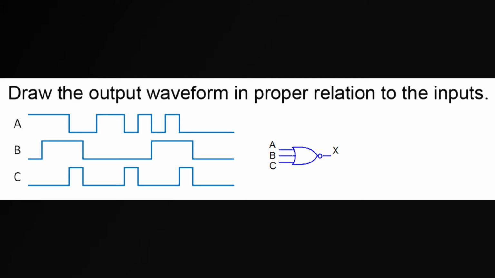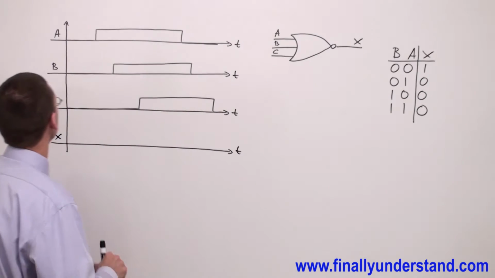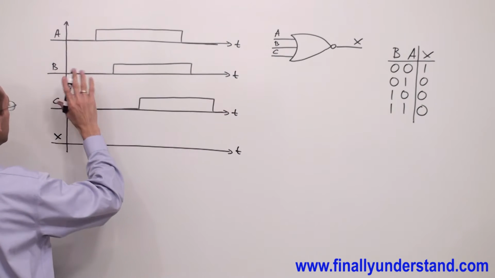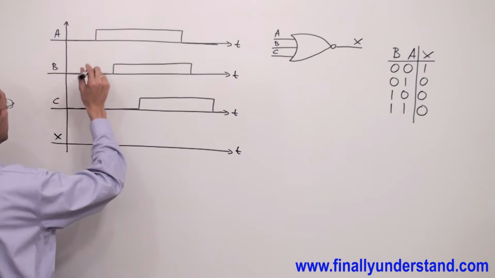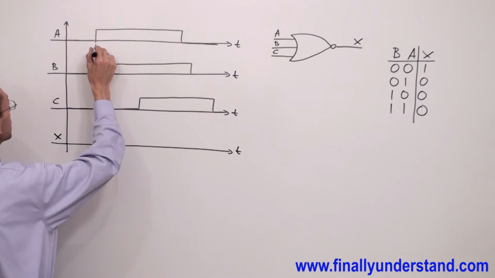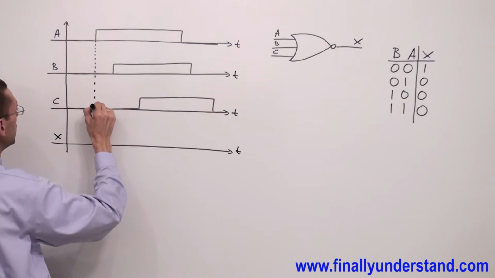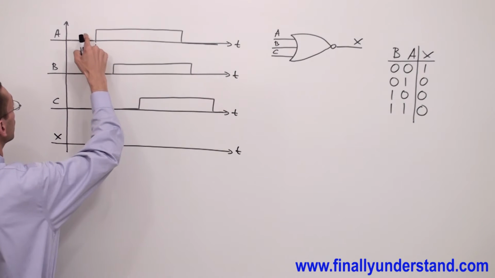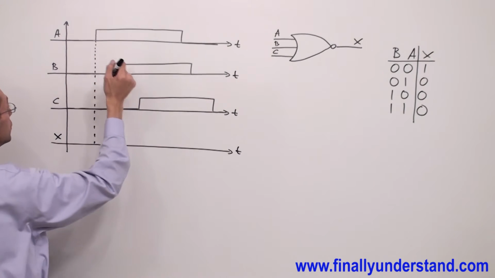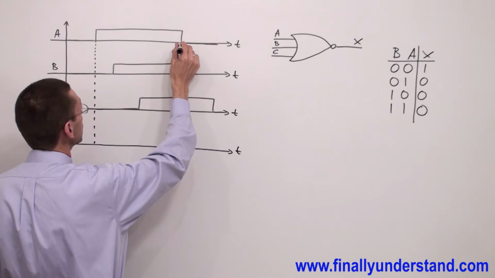This time we have a 3 input NOR gate. Again, we're supposed to look at each waveform and draw the dashed lines at any change, any transition from low to high or high to low. So I have 2 transitions over here.